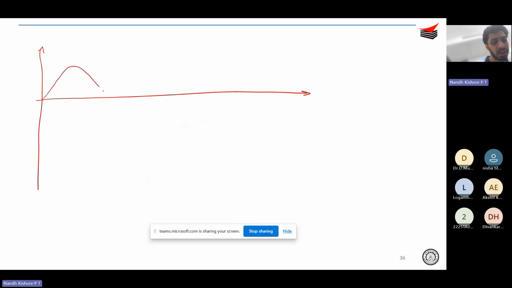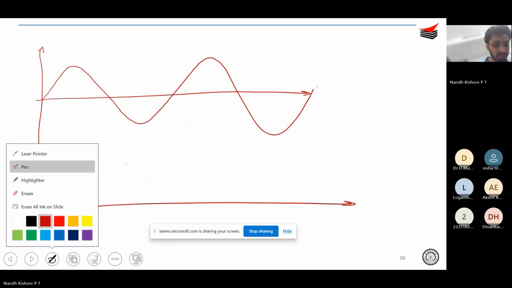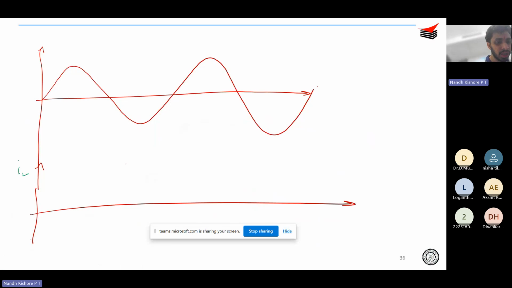So we said that our V in is something like this. So how would my IL look? This is your V in. Now the point is, this V in is appearing across the inductor. You know that V is equal to L di by dt. That is, the voltage across an inductor is proportional to di by dt.